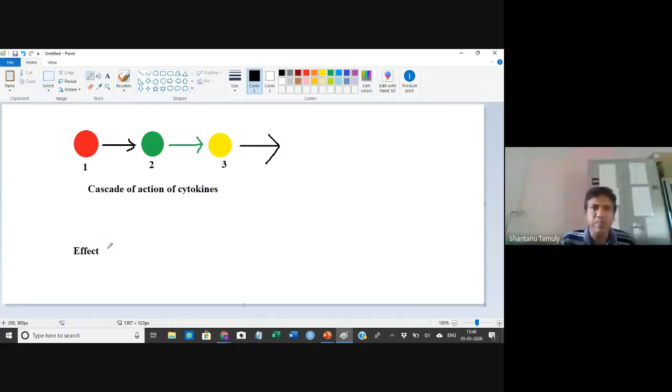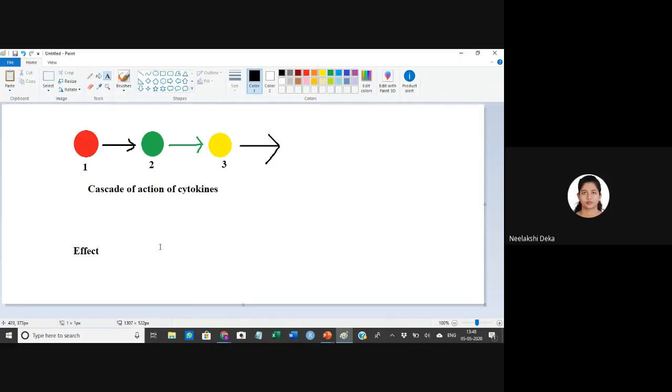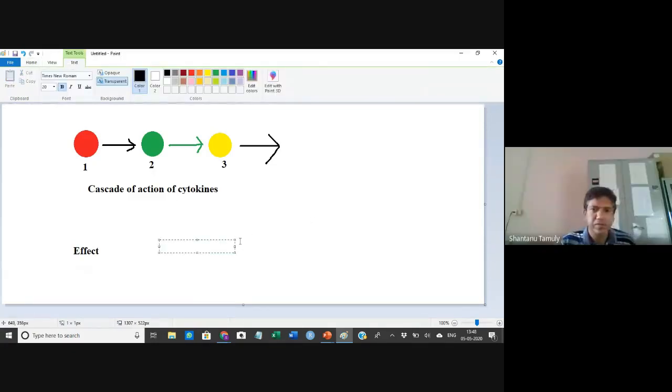One type of effect is called additive effect. Additive effect means already one cytokine has shown some activity, so that activity will be enhanced by the second cytokine. That is called additive effect.